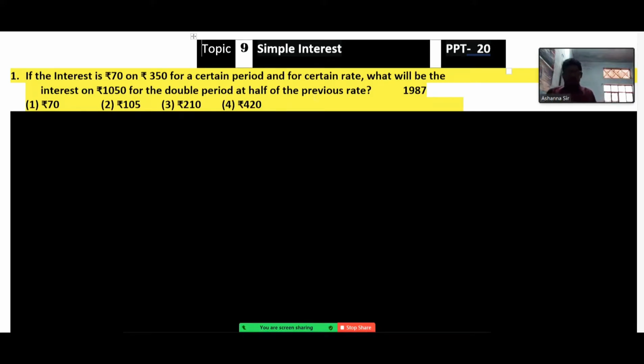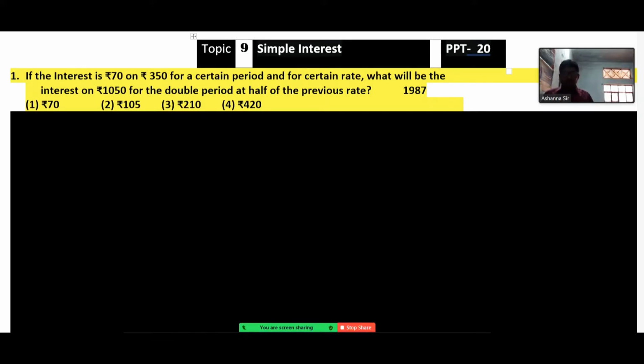So we know the formula for simple interest. I is equal to PTR by 100.